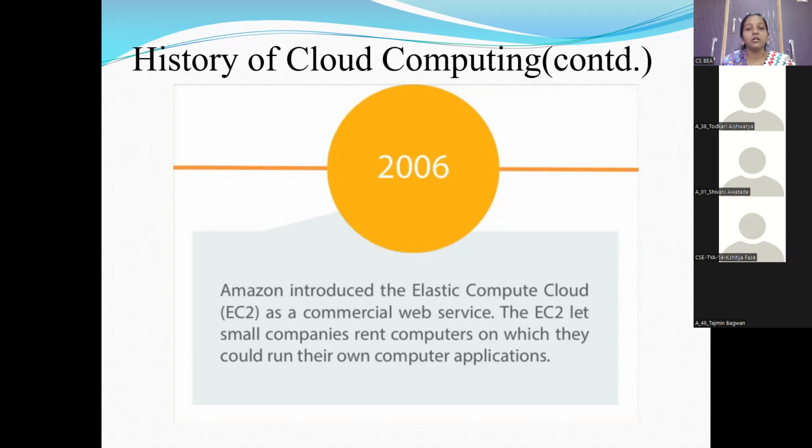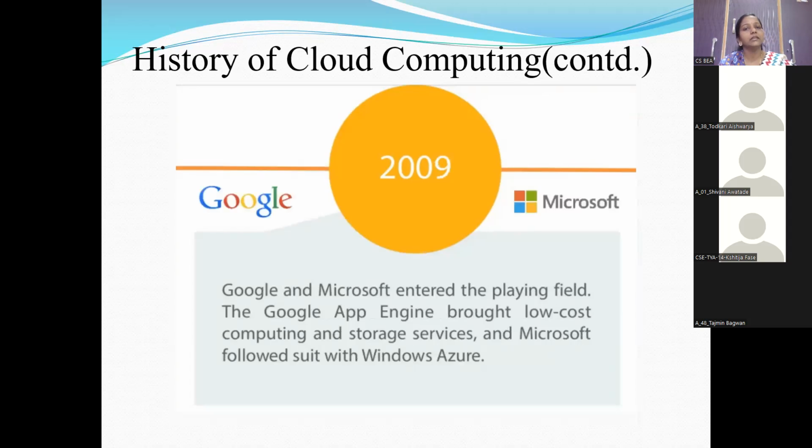So this phenomenon was introduced in the year 2006. And then in 2009, Google and Microsoft entered the playing field. The Google App Engine brought low-cost computing and storage services, and Microsoft followed suit with Windows Azure.